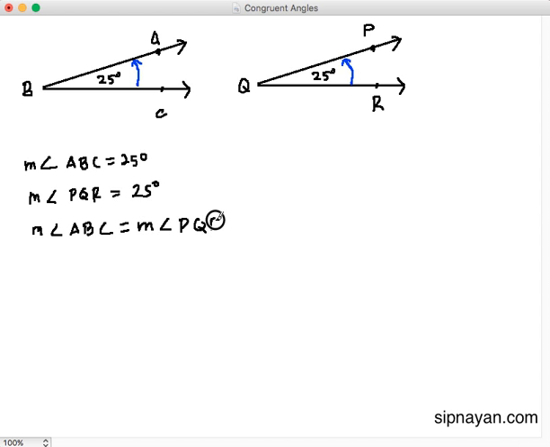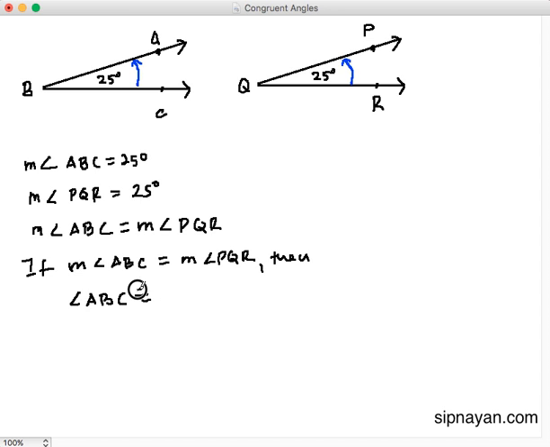So, if the measure of the two angles are equal, if measure of angle ABC is equal to measure of angle PQR, then we can say that angle ABC is congruent to angle PQR.